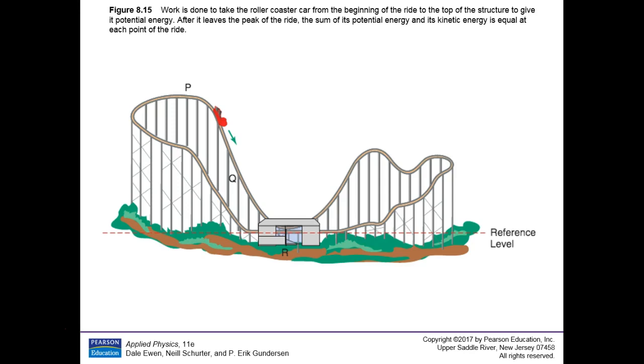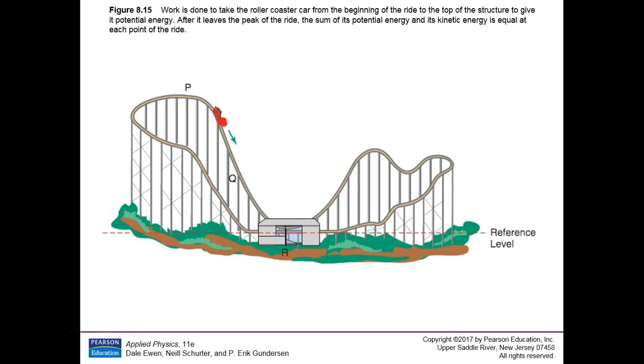Well, you're at zero kinetic energy here, or just about, and then as you start falling, you start losing that potential energy and gaining kinetic energy as you go, and you reach your maximum kinetic energy when you get down here, and you go back up. As long as you don't have anything higher on this side than you did here, it will zoom you and twist you and turn you, and here is where you probably get off, new group gets on.